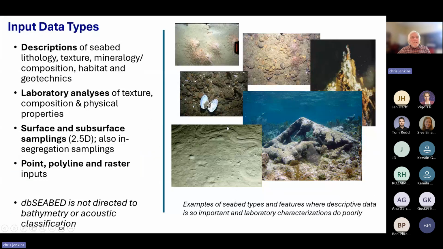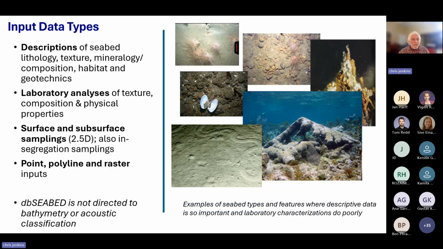Okay, so the input data types. Here you can see sort of an overview. I've already covered three of the points there, but I will also say that we do import gridded and polygon data topologies. And they're very important in some areas. They're very important for the rock coverage. So it's not only point data.